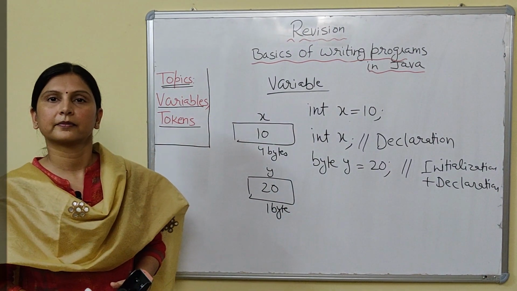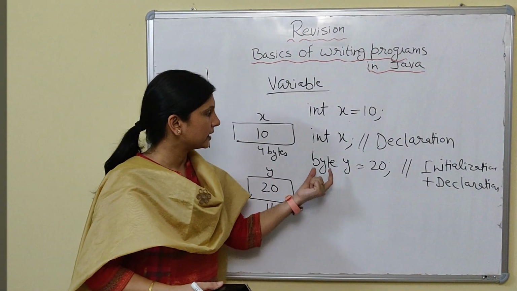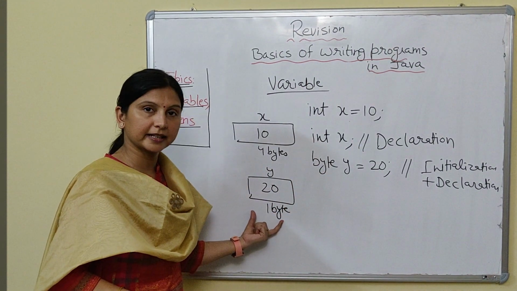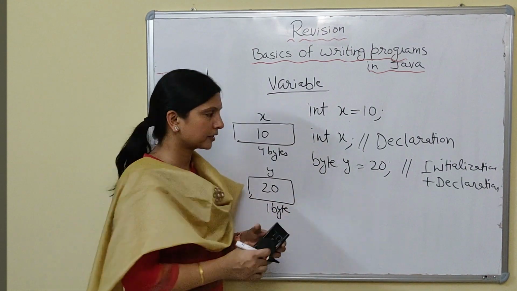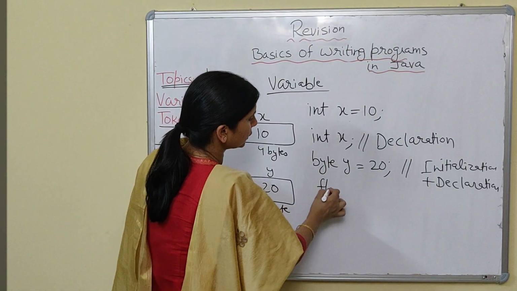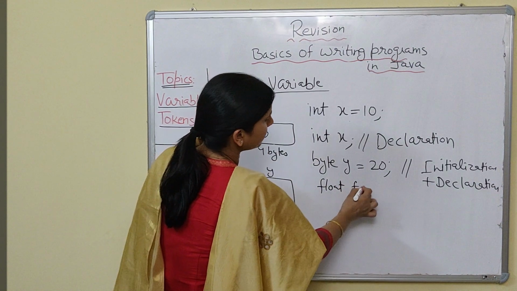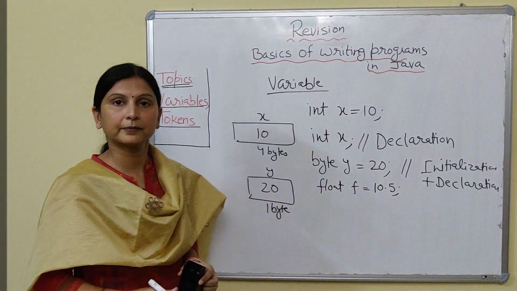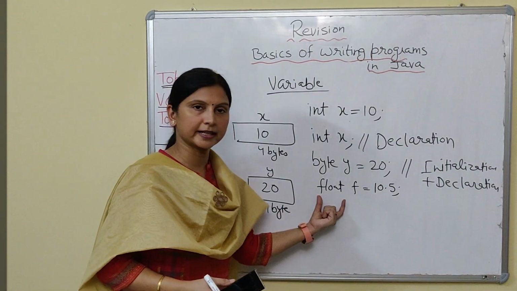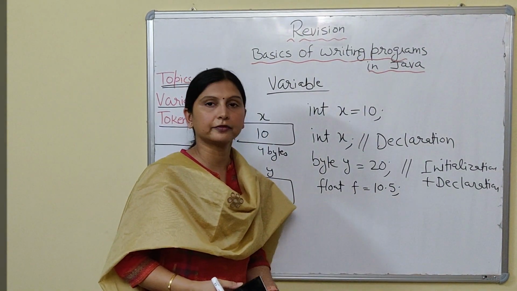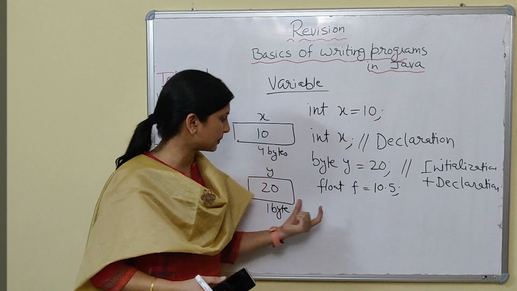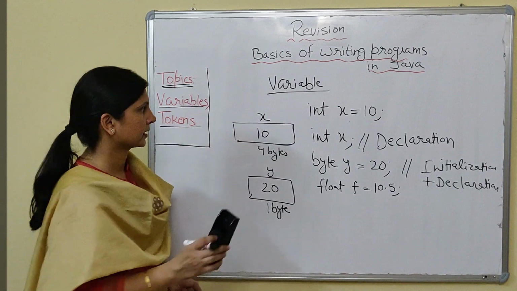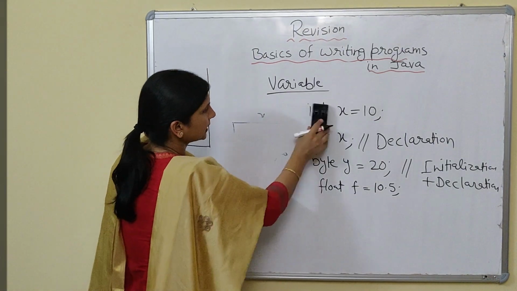Similarly, if it is long, then it would be 8 bytes. If I write float f equals to 10.5, how much space? Again 4 bytes for the value 10.5, and the memory space will be given the name f. This is the variable. I hope it is clear what a variable is.